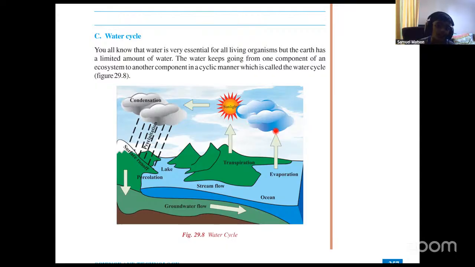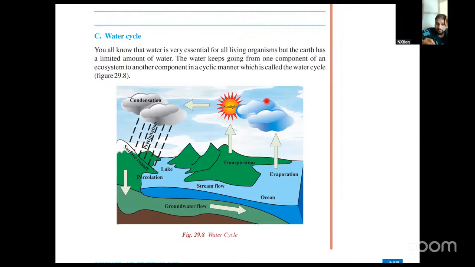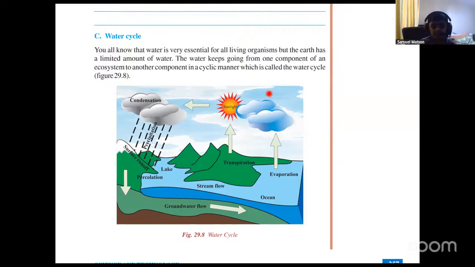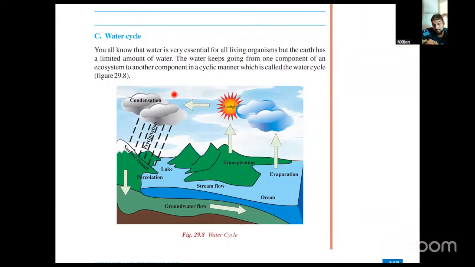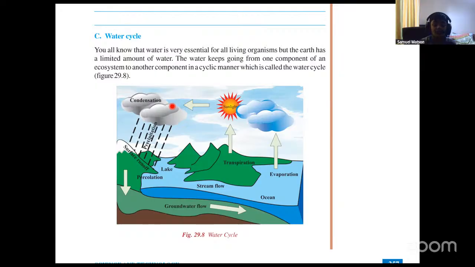Then after that, in the clouds, the vapor is going to be transformed into water, and that is called condensation. After that, the water from the sky comes back to the oceans and all the water sources.